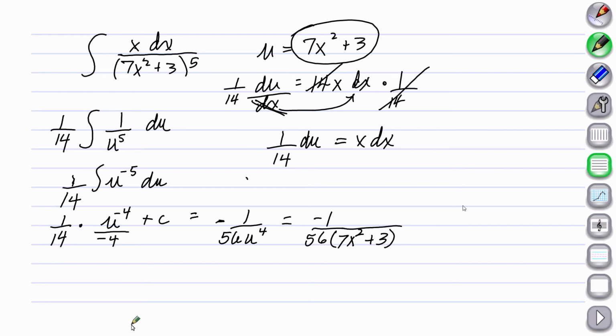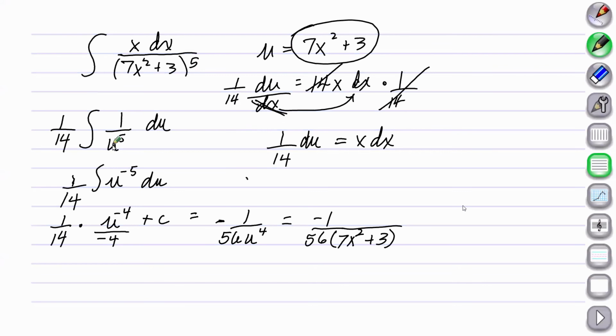Let's see if I have this problem. I don't have that on my key. So that one was kind of a tough little cookie after all, because of this little 14 thing going on. 2 times 7 is 14x, and I had to get rid of it.